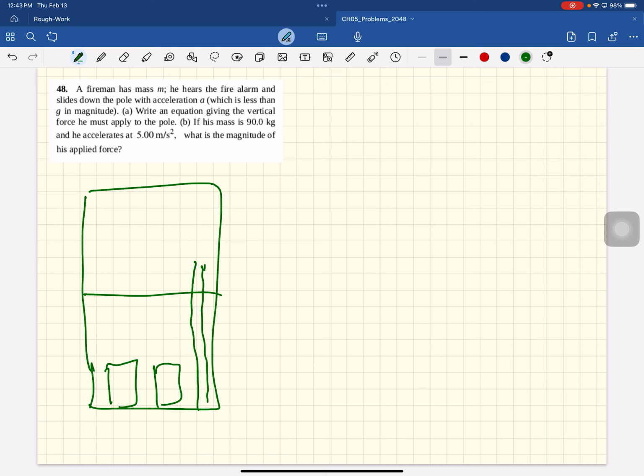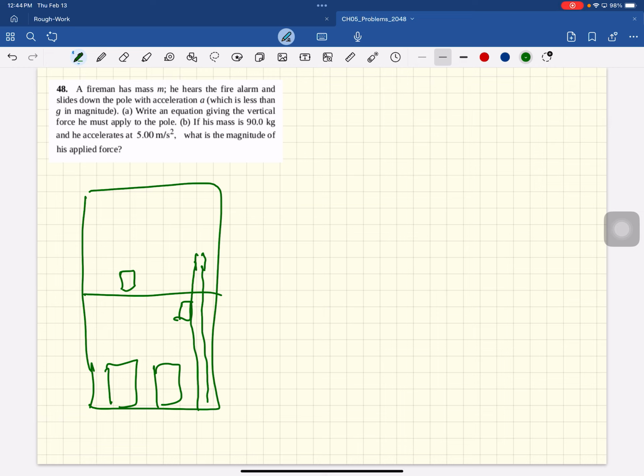Now, what is the fastest way to get down? Straight line. Yeah, you can jump down, except that's not good for your knees. So what they do is they provide you poles that you slide down.